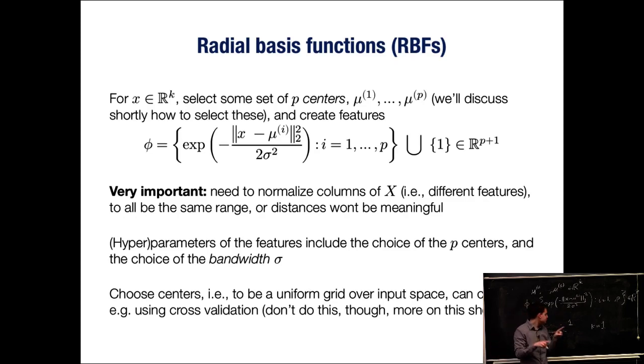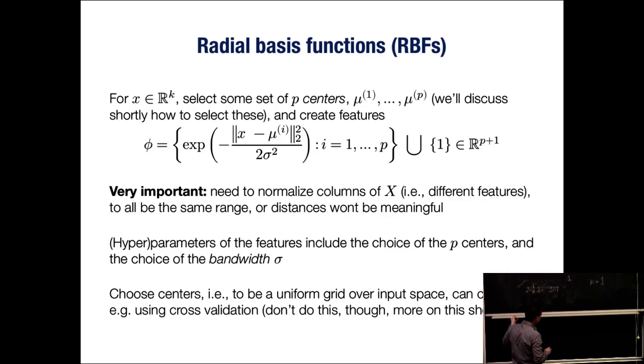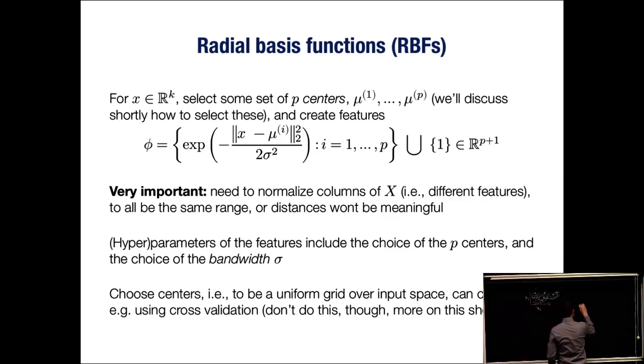Basically, what it looks like is that for small sigma, I have my axis here, I have my mu, and I have x. My function would be something like this. For small sigma, I get things that tail off very quickly, whereas for large sigma, I get things that tail off much more gradually.